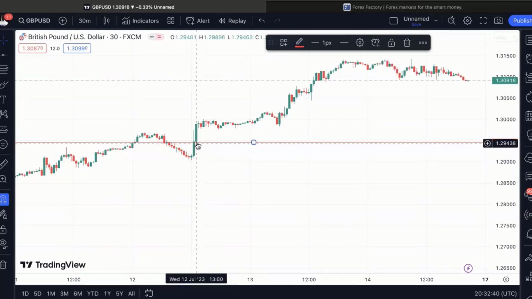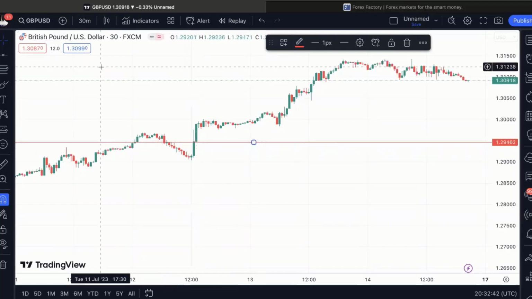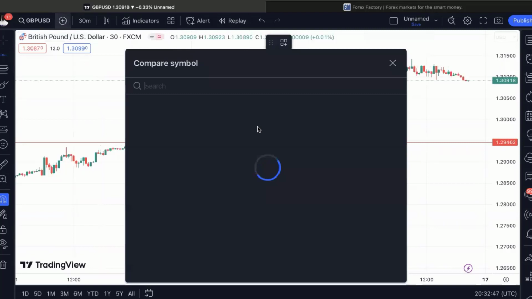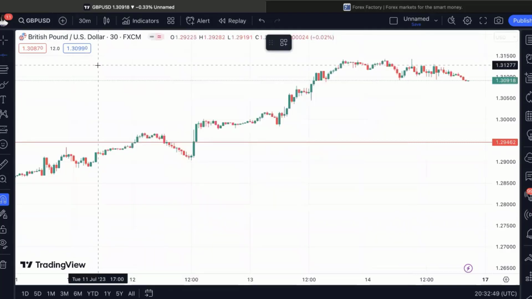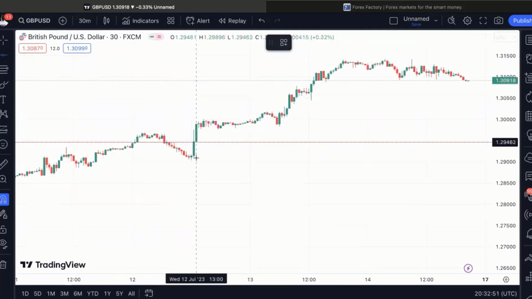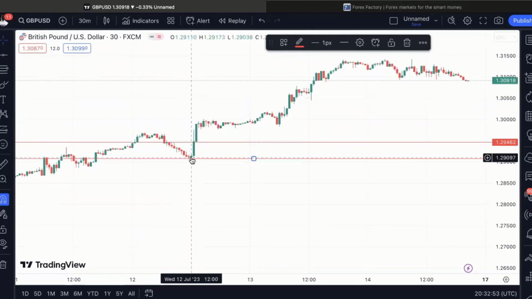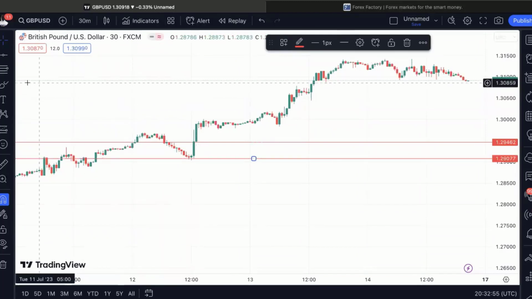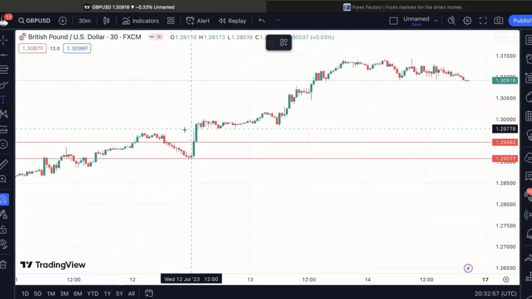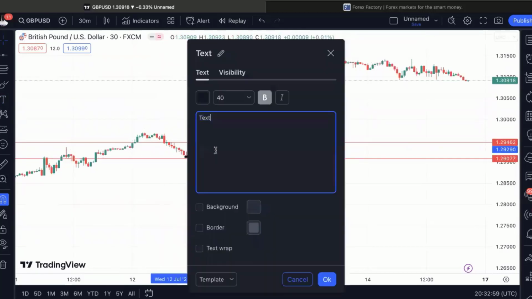I set a buy stop here, and I set a sell stop here. So this buy stop means buy when price is low.